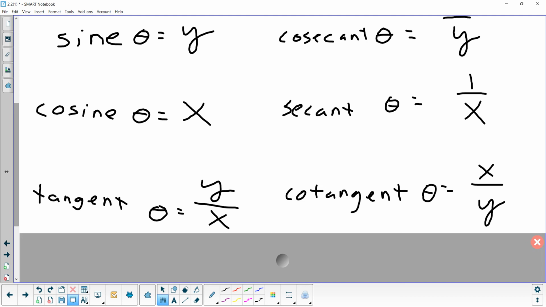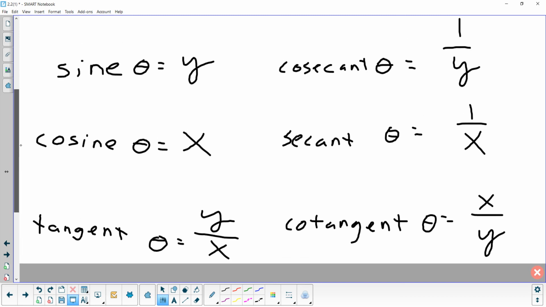Shouldn't cosecant and cotangent be switched? Why? I thought it went in the order of the names, like the co of each thing came after it. No, that's a different relationship.